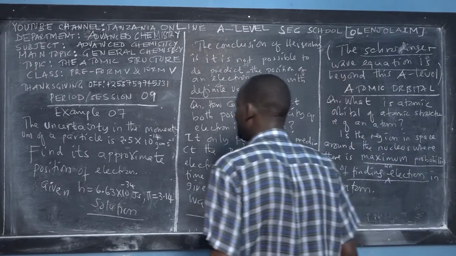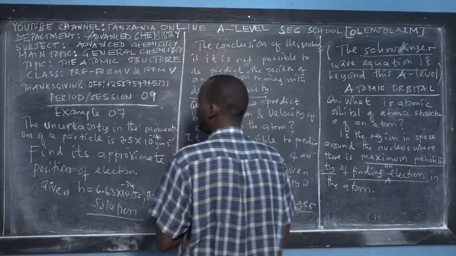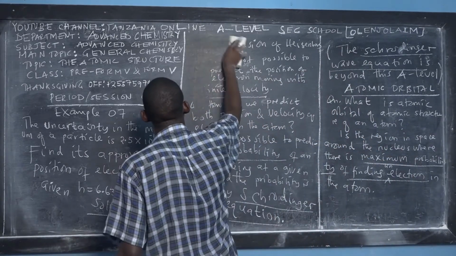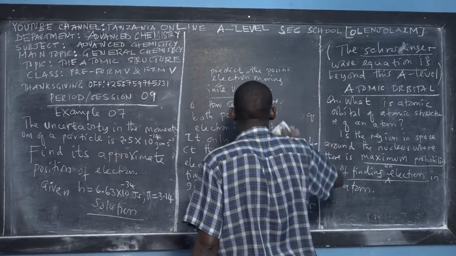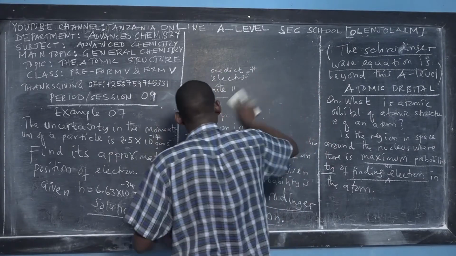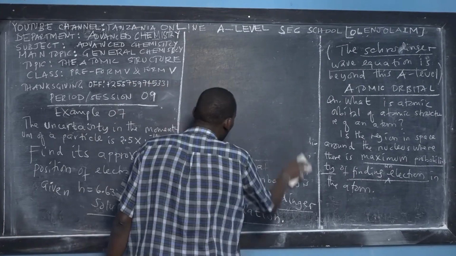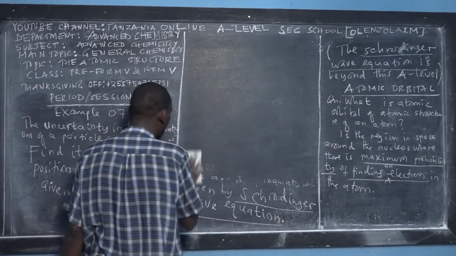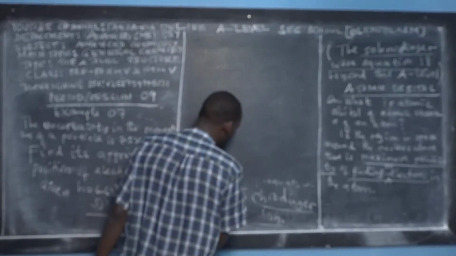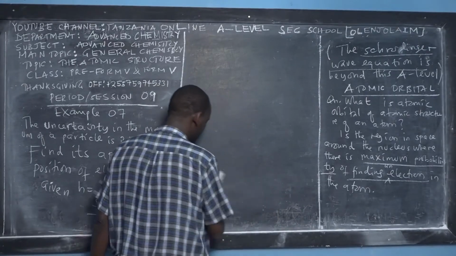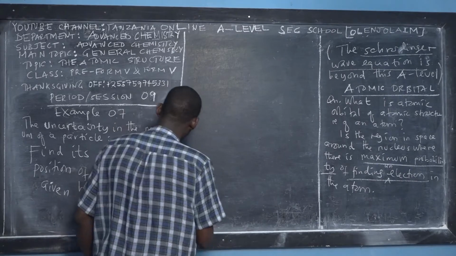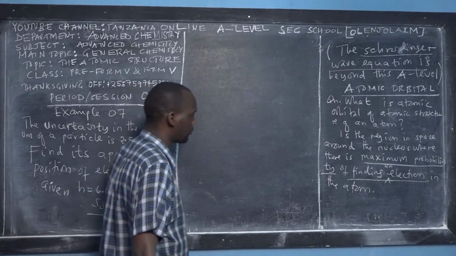The uncertainty in the momentum of a particle. What is that particle? It's an electron. I will teach you the other atomic theory, wave duality, which was introduced by Louis Victor de Broglie, the French physicist.